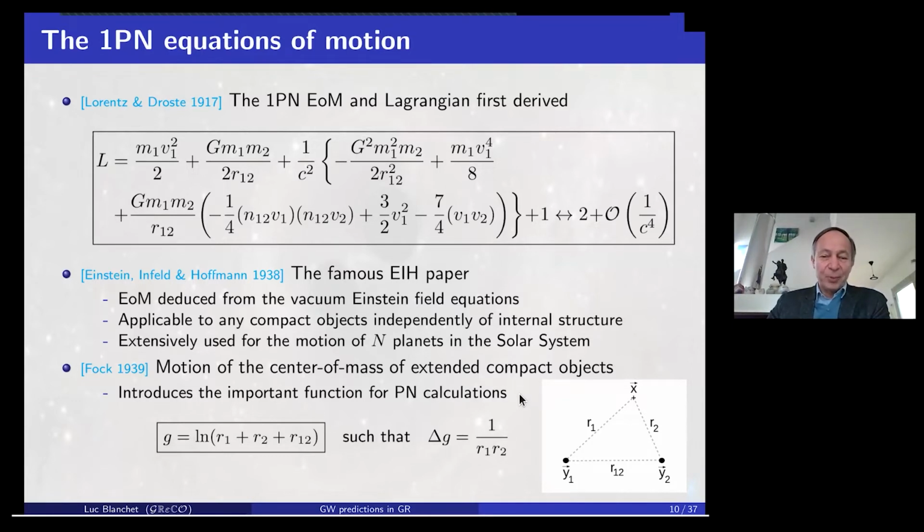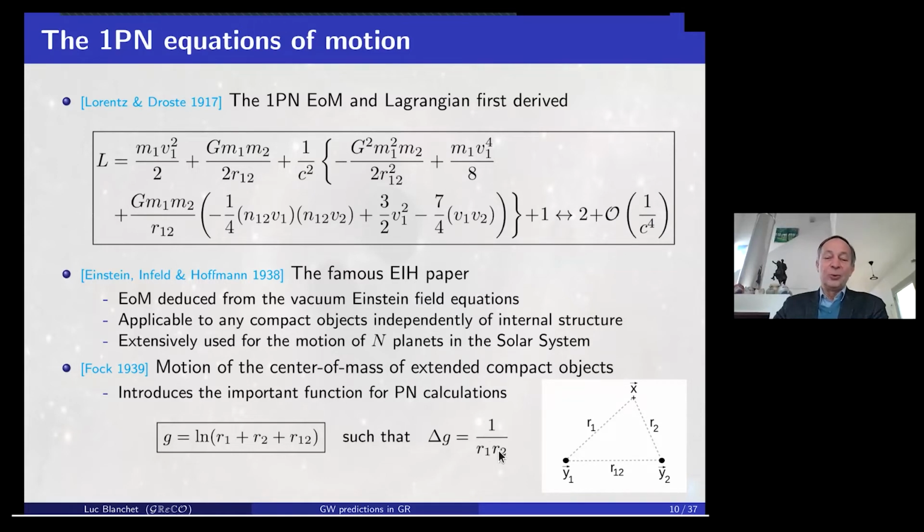And important for modern post-Newtonian calculation is that Fock introduced this very nice function, which, for two objects, is the perimeter of the triangle made with the two source points and the field point x. The logarithm of this perimeter satisfies: the Laplacian of this function is 1 over r1 r2.